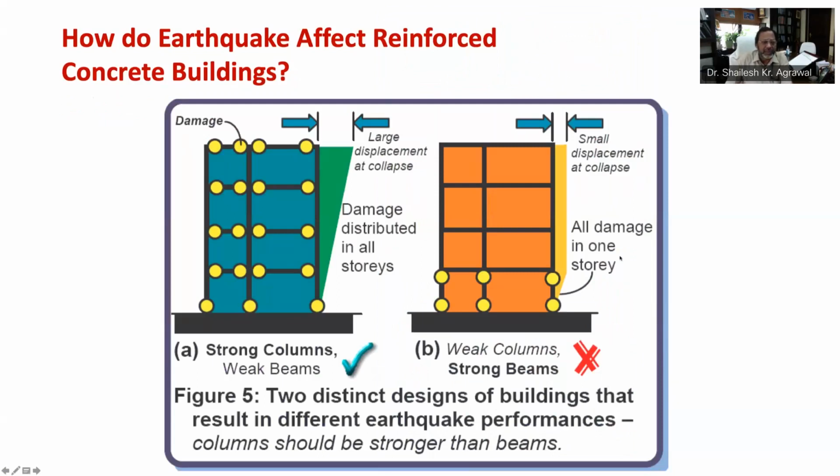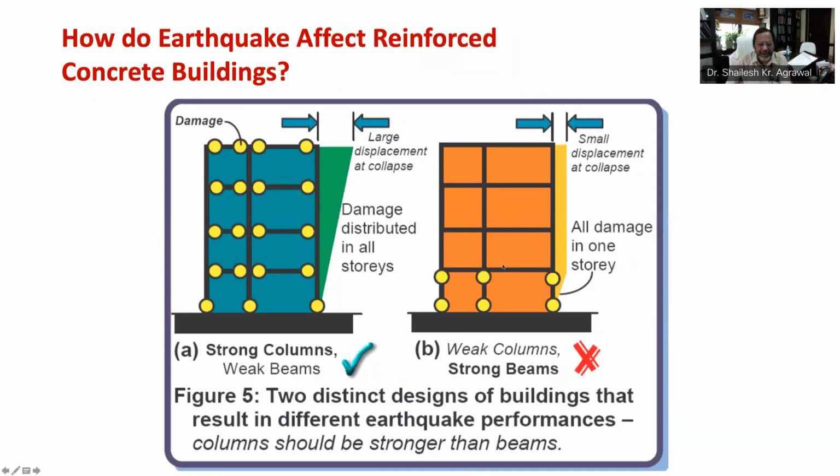As you can see in this figure 5a, if this strategy is adopted in earthquake resistant design, damage is likely to first occur in beams. When beams are detailed properly to have large ductility, the building as a whole can deform by large amounts despite progressive damage caused due to consequent yielding of beams.